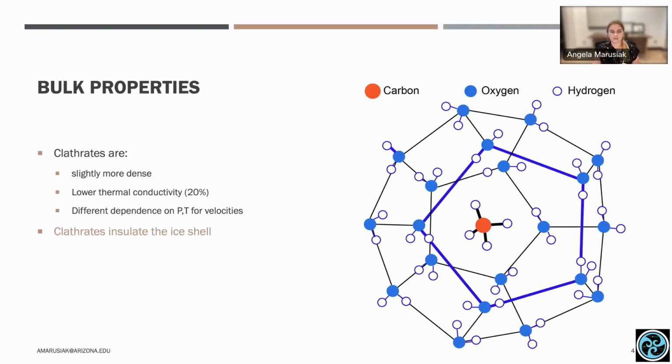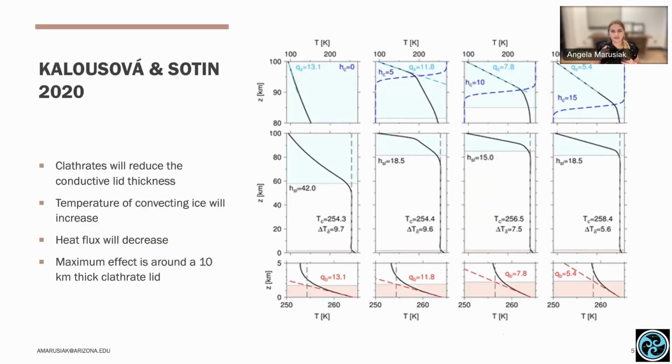As I mentioned, that lower thermal conductivity is essentially going to insulate the ice shell, and that's going to allow for warmer ice to exist closer to the surface. This is not something that my studies or the studies we did at JPL showed. This idea has been around for a while, and there was a really great paper that came out in 2020 by Kalousová and Sotin, where they modeled different thicknesses of clathrate lids to see how it would change the conductive lid thicknesses.